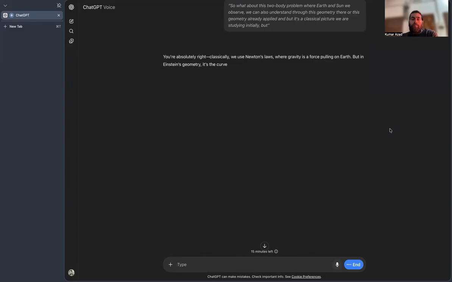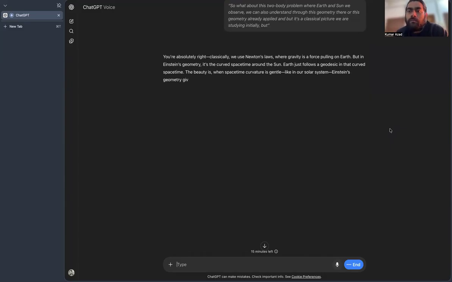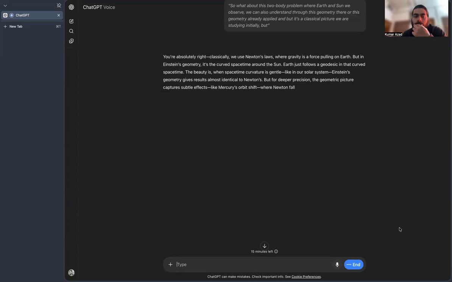But in Einstein's geometry, it's the curved spacetime around the Sun. Earth just follows a geodesic in that curved spacetime. When spacetime curvature is gentle, like in our solar system, Einstein's geometry gives results almost identical to Newton's. But for deeper precision, the geometric picture captures subtle effects, like Mercury's orbit shift, where Newton falls short.